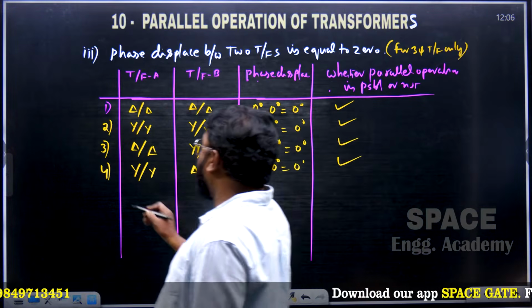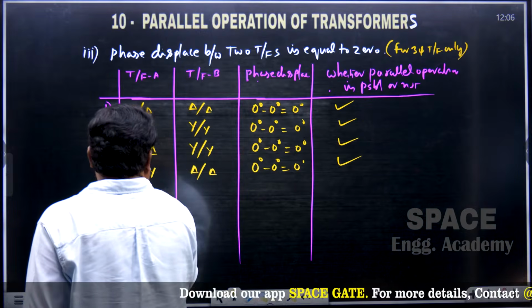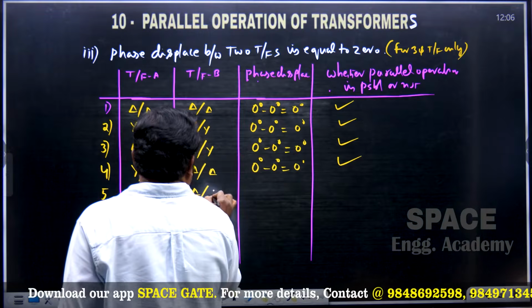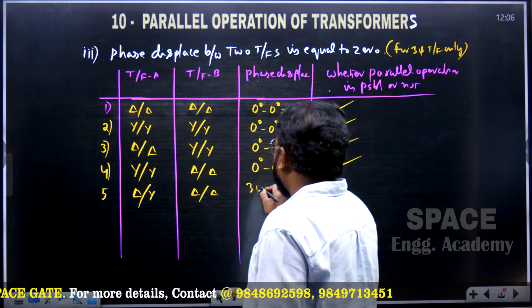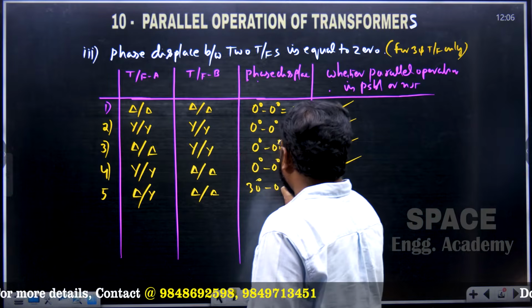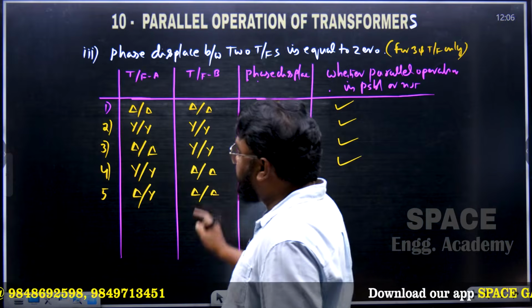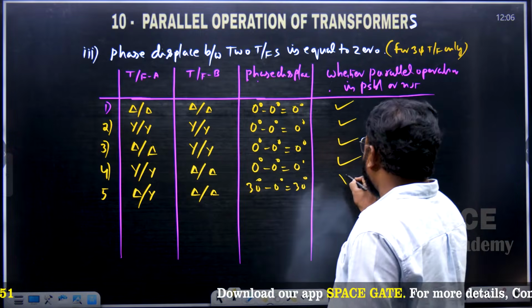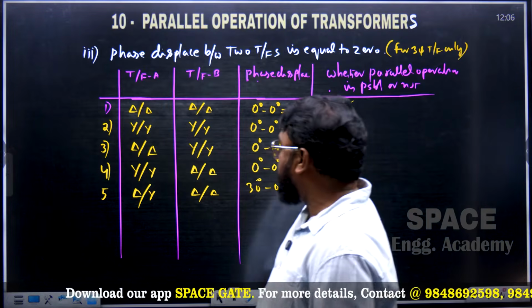And next one, the 5th connection: one is a delta star and this one is a delta. So delta star and delta have been taken. Delta star is, for example, 30 degrees minus 0 degrees is equal to 30 degrees. Phase displacement between the two transformers is 30 degrees. So these two transformers are not suitable for parallel operation of the transformer.